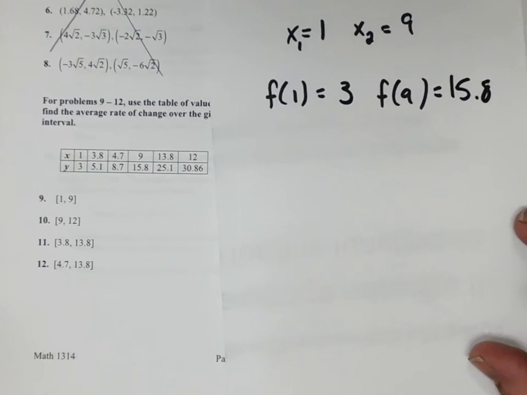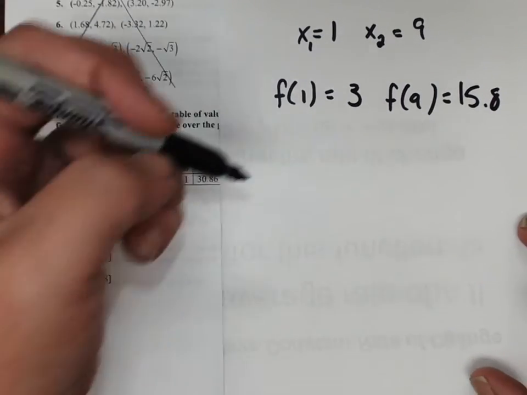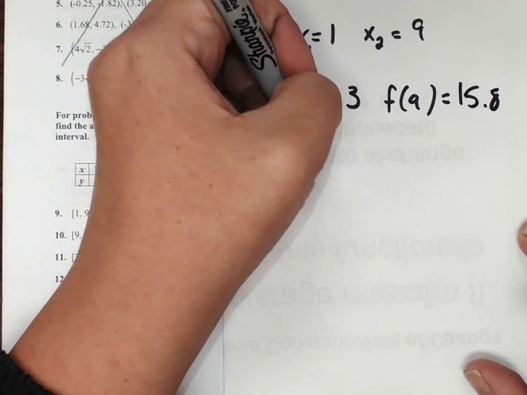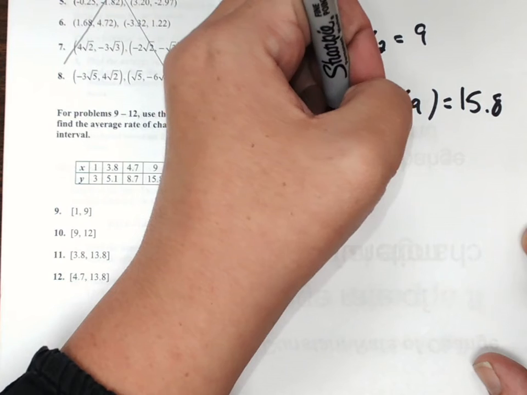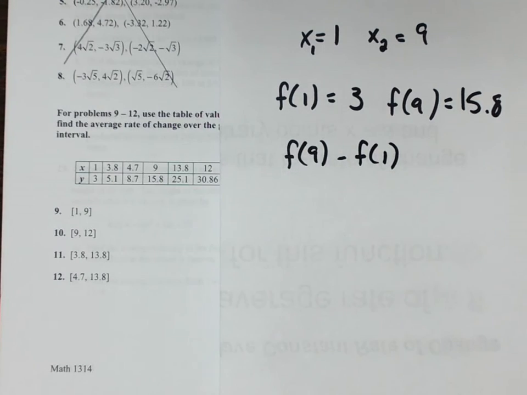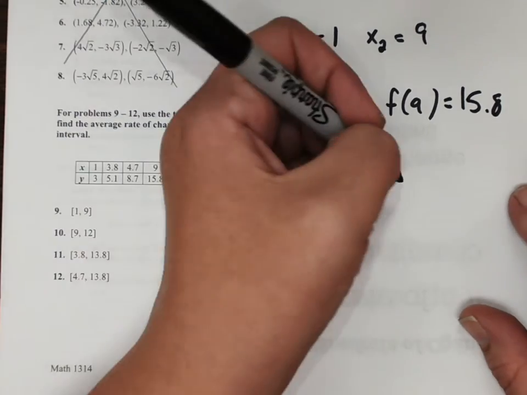So to find our average rate of change, we need to calculate f of 9 minus f of 1, recalling that we typically are going to start with the value that is further to the right, but we could do 1 and 9 reversed. We'll just get a double negative answer that is a little bit easier to make an error on.